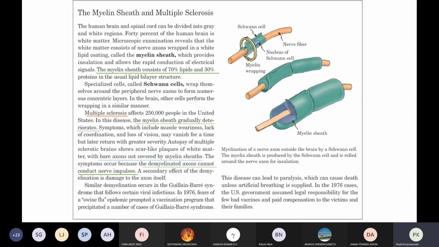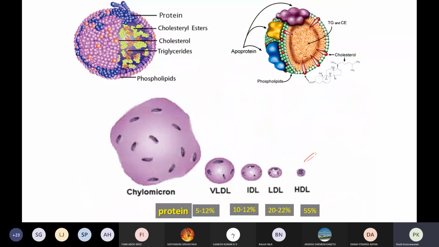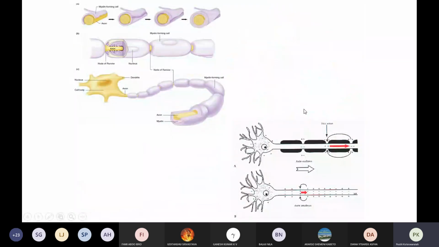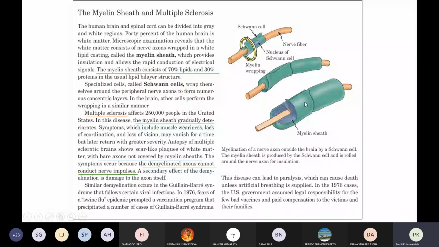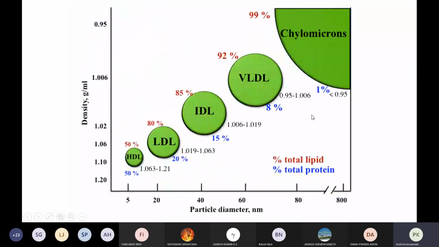In multiple sclerosis, which is a disease, the myelin sheath gradually deteriorates. As a result, the bare axons cannot conduct the action potential or the nerve impulses. So that means the myelin sheath that is present on the nerves prevents the leakage of the action potential.